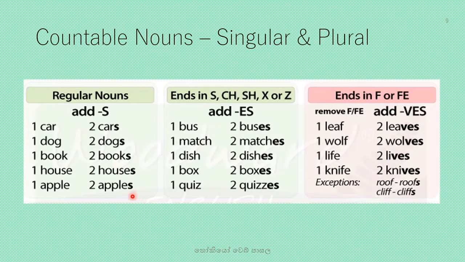But if a word ends in S, CH, SH, X or Z, then we need to add ES. As an example, bus. It ends in S, so we add ES. Buses. Then CH: match, matches.